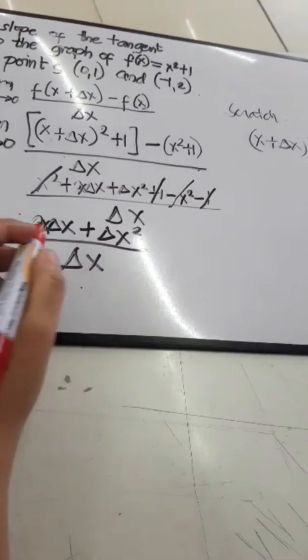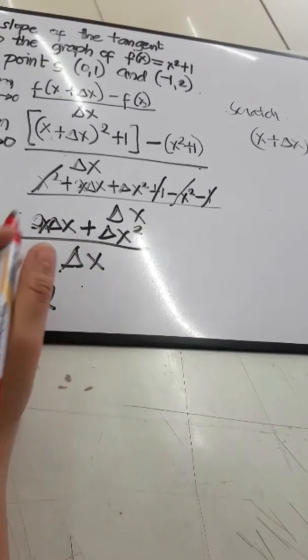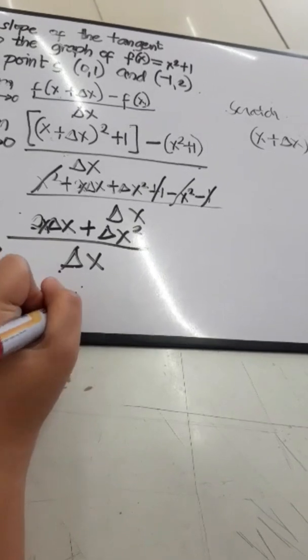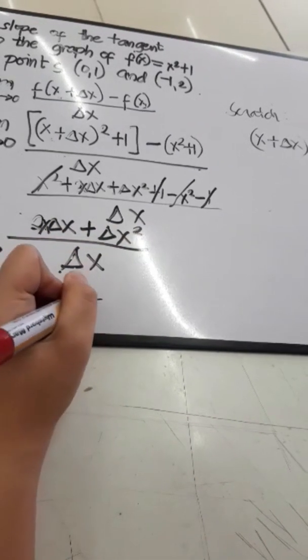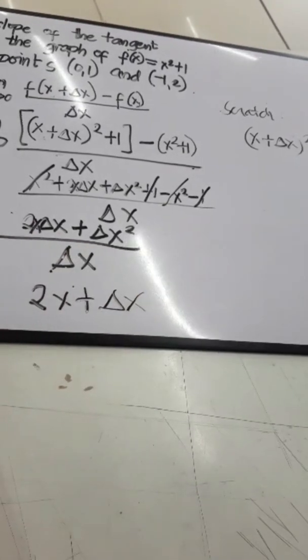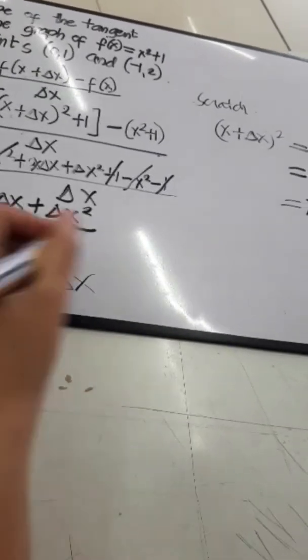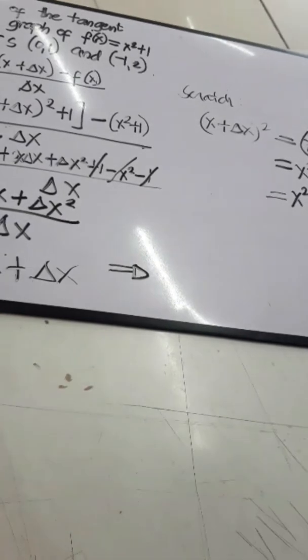Sorry, nalimtan nako si x. So 2x delta x divided by delta x is equal to 2x, plus delta x squared over delta x is positive delta x. Okay? So, we are going to transfer.